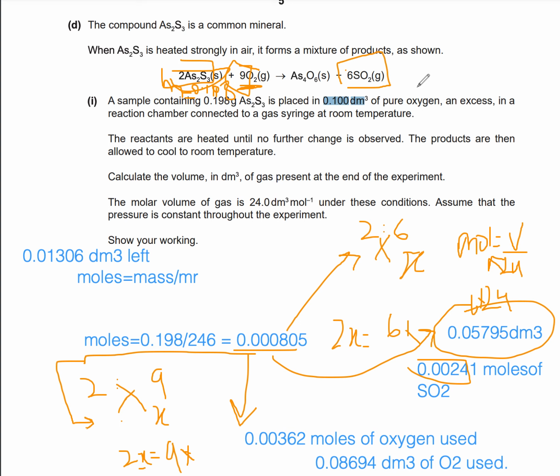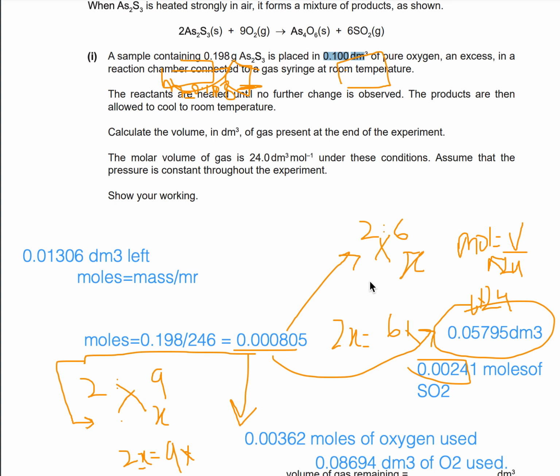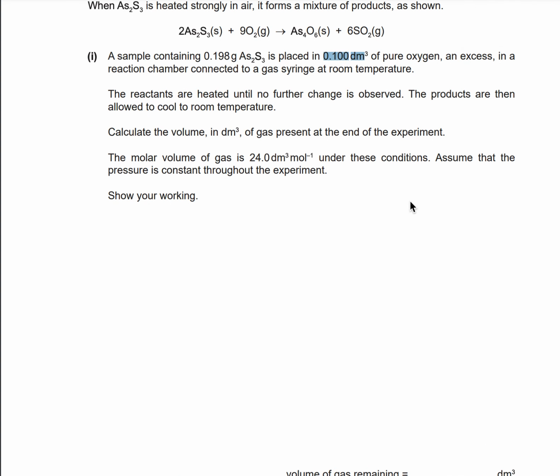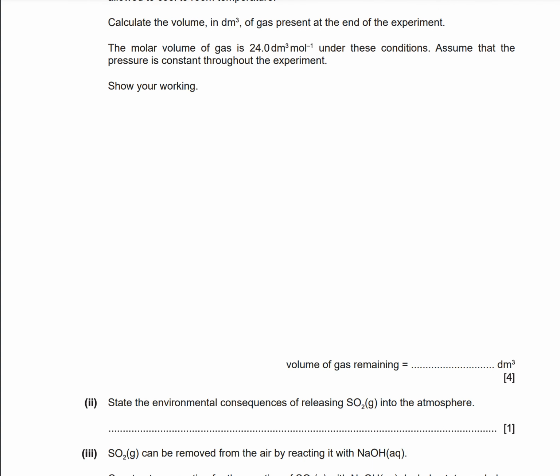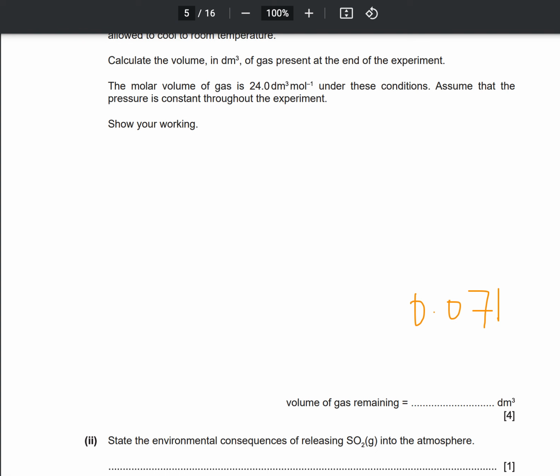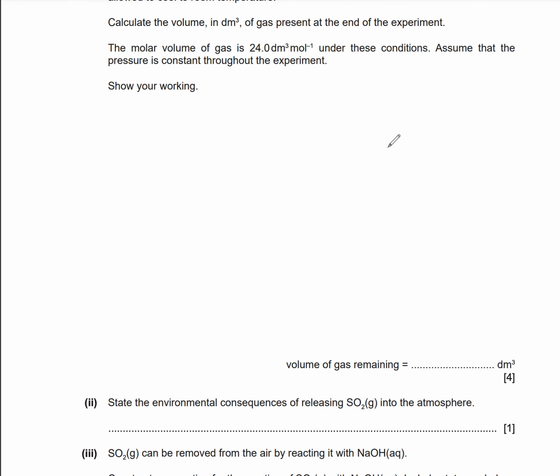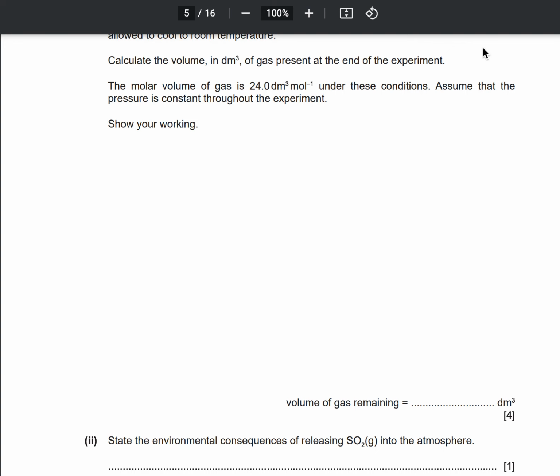So 0.05795 added with 0.01306, we get 0.071. Let me erase this. So the answer is 0.071 dm cube, and that's the answer. I hope you understood the question, and let's move on.